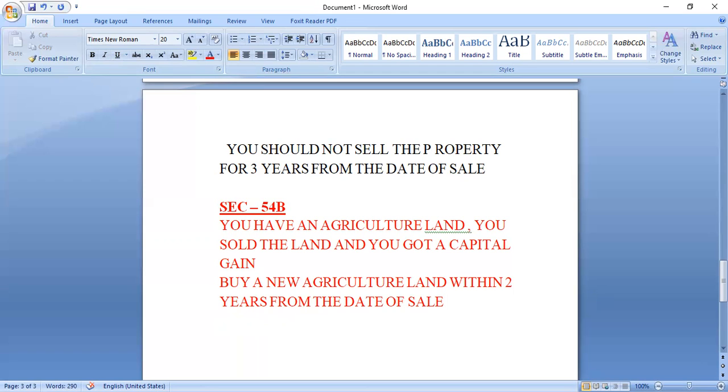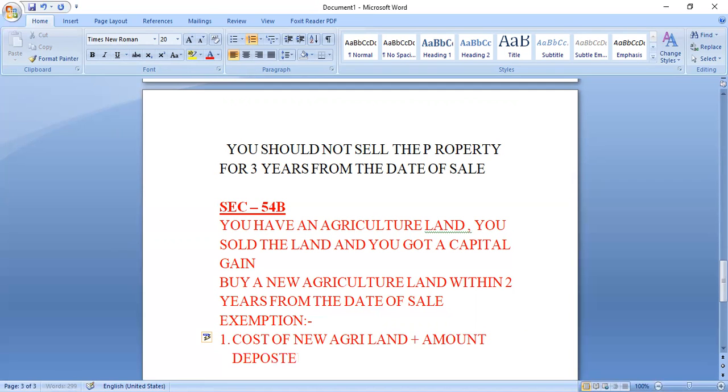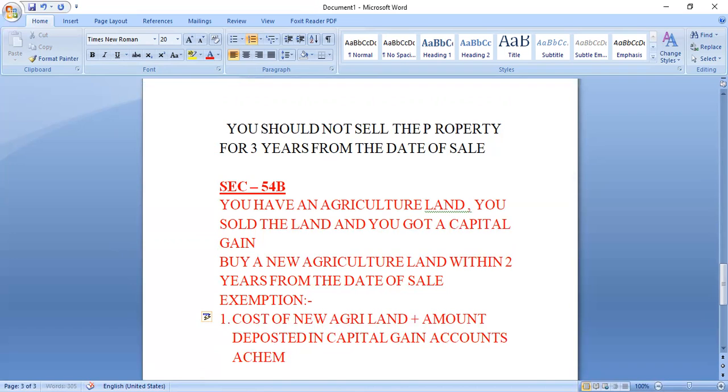Then what is the exemption? You may get exemption under this section 54B. The exemption is the cost of new agricultural land plus the amount deposited in the capital gain account scheme.